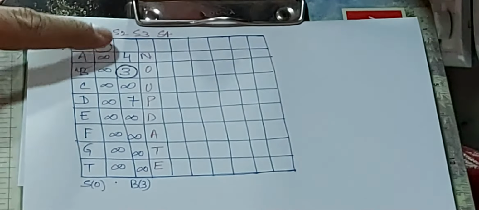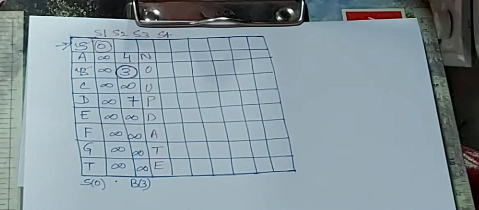So what I will see is now, out of remaining 4 and 7, what is the minimum in this case? What is minimum? 4.